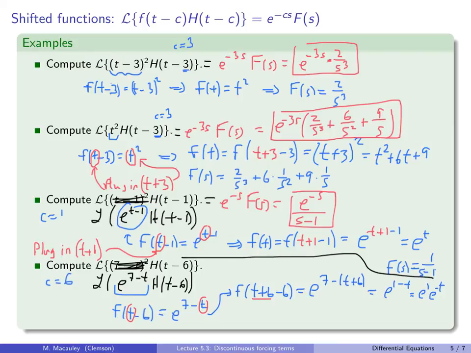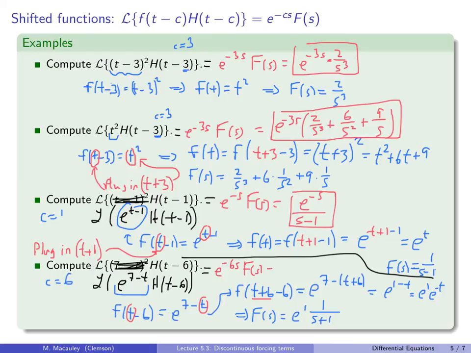Okay, so this e to the 1, this is just a constant. So think of it as just a number. So the Laplace transform of this is that constant times the Laplace transform of e to the minus t, which is 1 over s plus 1. So our Laplace transform here is going to be e to the minus 6 times s times the Laplace transform of this guy.